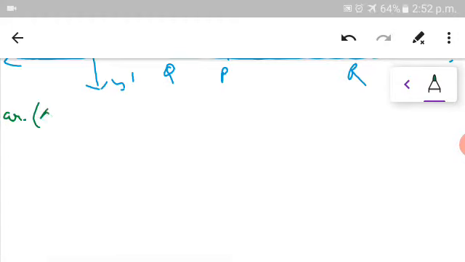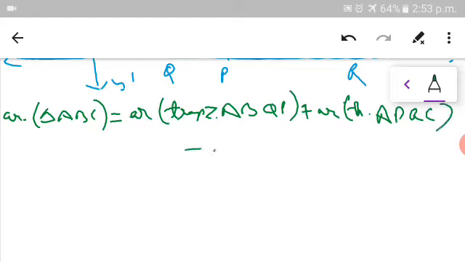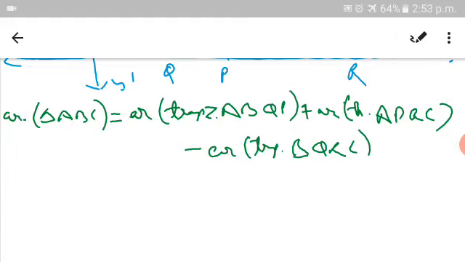We are having three trapeziums here. Area of triangle ABC equals area of trapezium ABQP, plus area of the second trapezium APRC, and then the third one, minus area of trapezium BQRC. Let us see in the figure first.